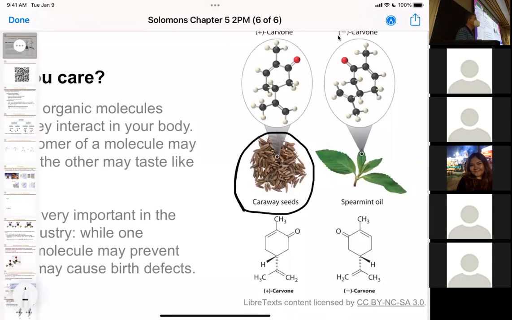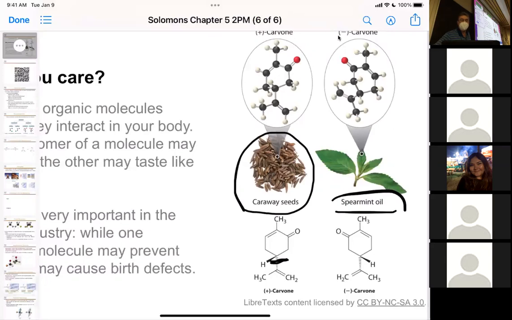It's got a nice earthy tone to it, okay? And if you take 1 carbon and swap the carbon with this hydrogen, it now smells like spearmint, and it's made by a different plant. One only makes the other. They're identical except for that hydrogen and that carbon being swapped in space. Okay, that's stereochemistry. That's why it's important.